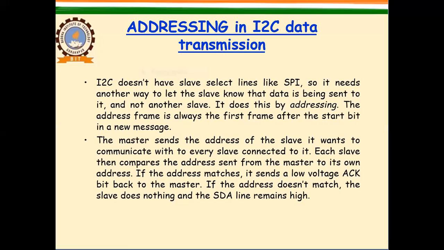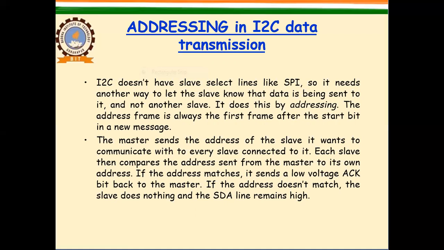Addressing in I2C. This is a very important fact. What is the addressing phenomenon in I2C data transmission? I2C does not have slave select lines like SPI. As you have seen, only 2 lines are used, that is SDA and SCL, and no SS or CS line is used in I2C.